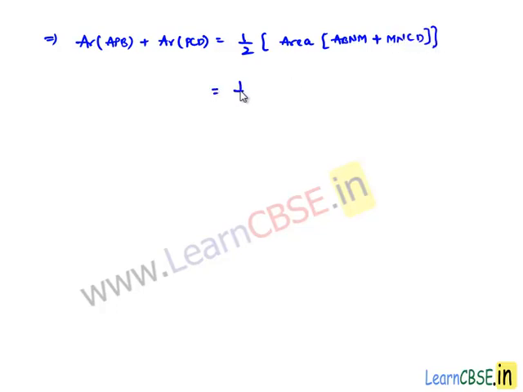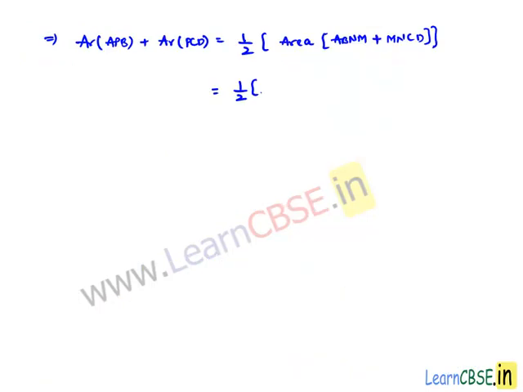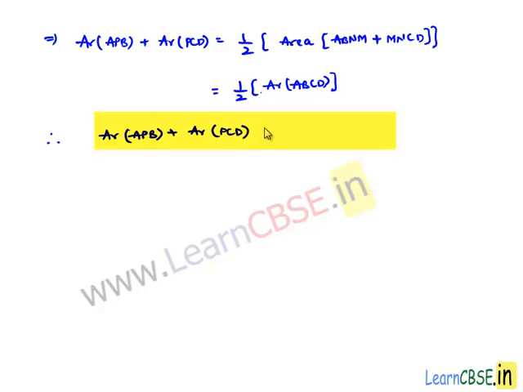That is equal to half times, and ABNM and MNCD together make up parallelogram ABCD. Therefore, area of APB plus area of PCD is equal to half times area of parallelogram ABCD. This is our first proof and hence proved.